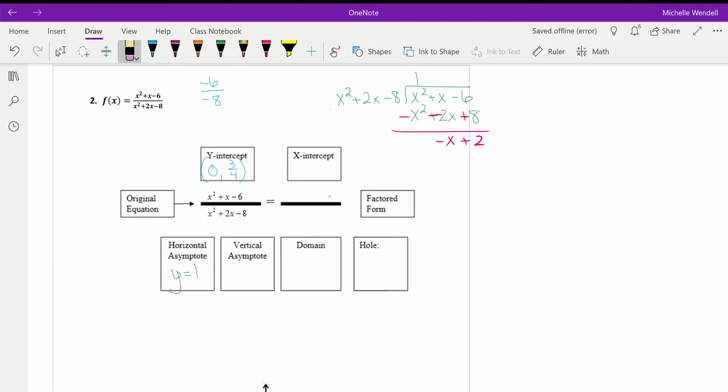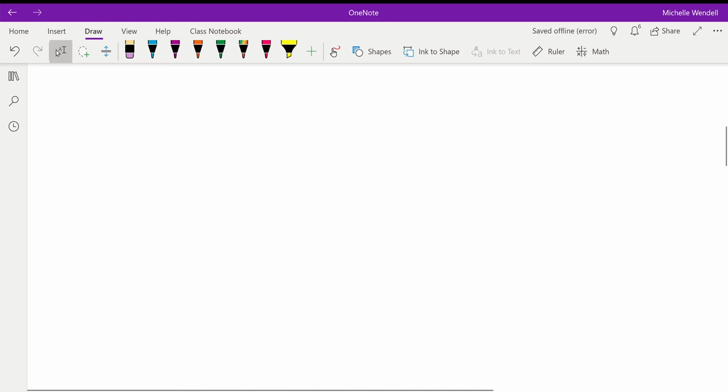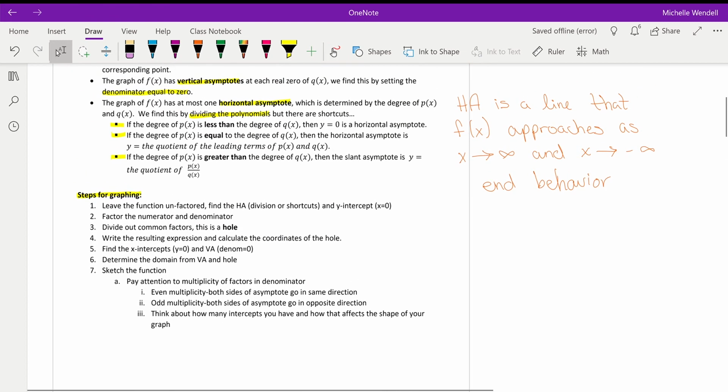The reason I don't care about the remainder is because of that definition of a horizontal asymptote, that I'm concerned with what happens to the function as it heads out to infinity. And so this negative x plus 2 has no bearing on what's happening all the way out at infinity, only that initial part of dividing the x squared into the x squared. When you divide the long way, it goes along with these shortcuts up here.